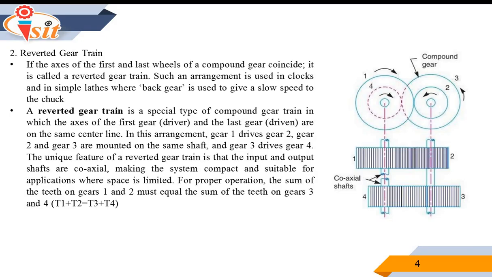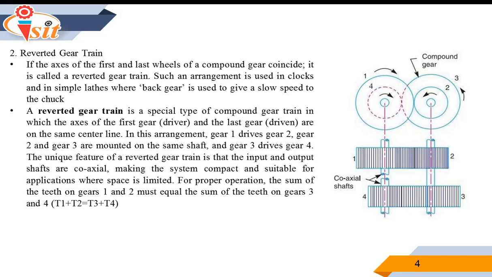The main advantage of this reverted gear train is compactness and the convenient arrangement of having the input and output shaft on the same axis. This feature makes it highly suitable for devices where the space is limited and coaxial shafts are required.